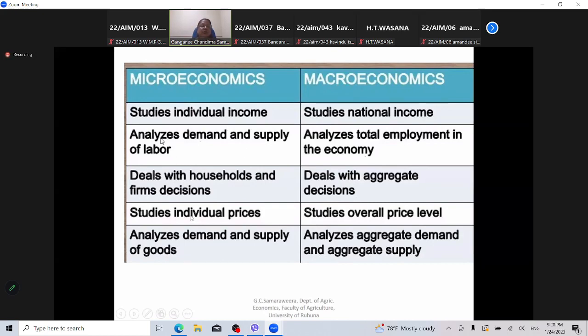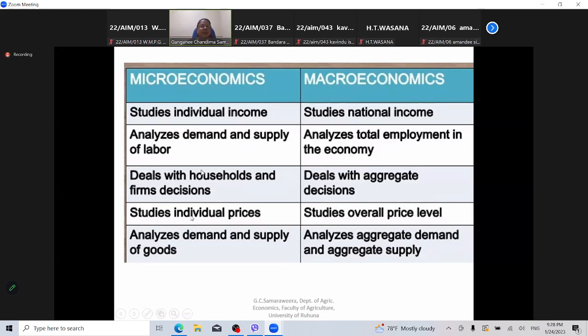But here, individual demand and supply, demand for labor, supply of labor. If demand for labor is more than the supply, there is a deficit in labor, so labor should supply more and more in such cases. But total employment is important to understand any country's situation. That's why it's the holistic approach at the macro level.